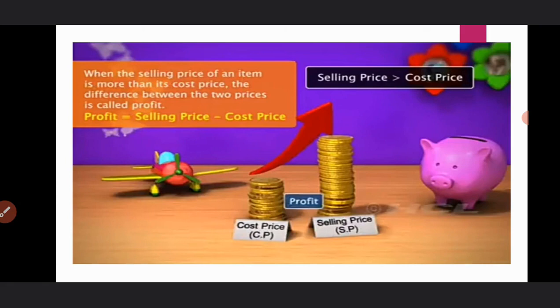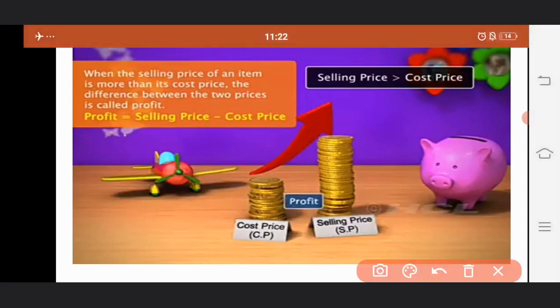So, when the selling price of an item is more than its cost price, the difference between the two prices is called profit. That means when selling price is greater than cost price. And this is a very important condition. Please make a mark that it is a very important condition to gain a profit.